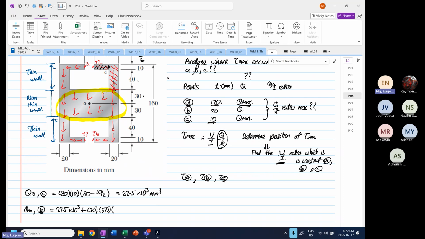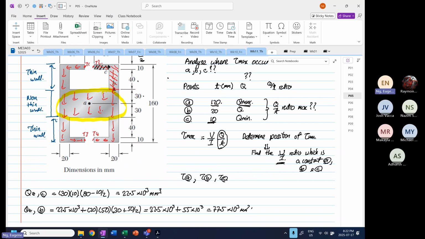The y bar is 30 plus 50 divided by 2. So 30 plus 50 divided by 2, times 50, times 20, is equal to 55 times 10 to the power 3. So 22.5 plus 55 is equal to 77.5 times 10 to the power 3 millimeter cube.